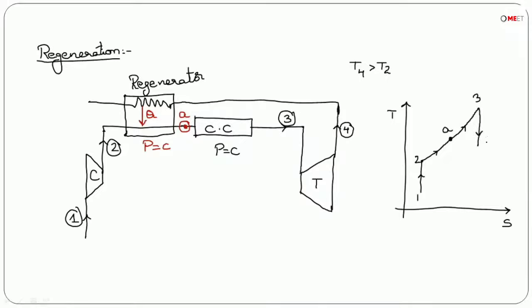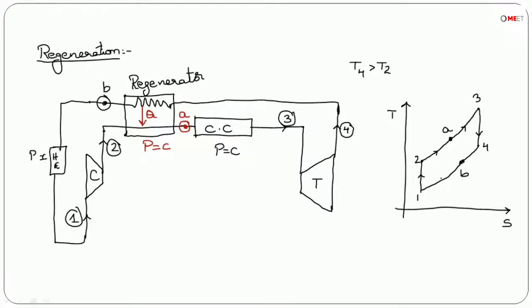So process 3 to 4 is isentropic expansion in the turbine, and 4 to B, this is heat rejection in the heat exchanger or the regenerator. This point is B here. Now we can place another additional heat exchanger, and at constant pressure we can close the cycle.